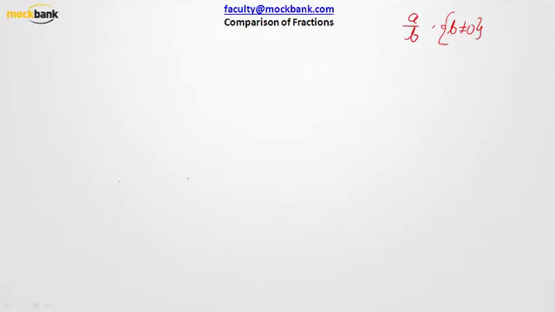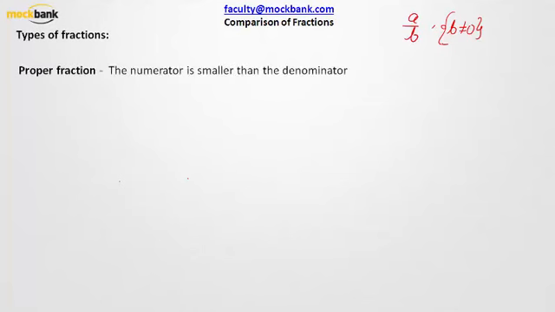So let us first try to understand how many types of fractions exist. The first type is a proper fraction. In a proper fraction, the numerator is smaller than the denominator. In our case of a and b, a is known as the numerator and b is known as the denominator. So in a proper fraction, the numerator has to be smaller than the denominator.